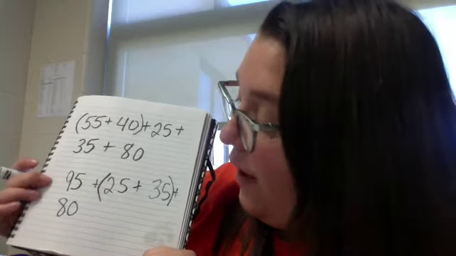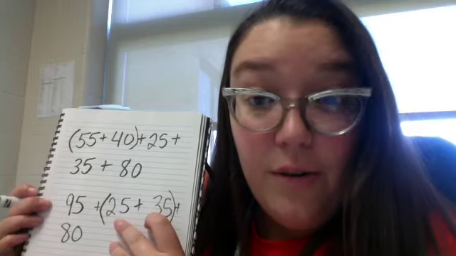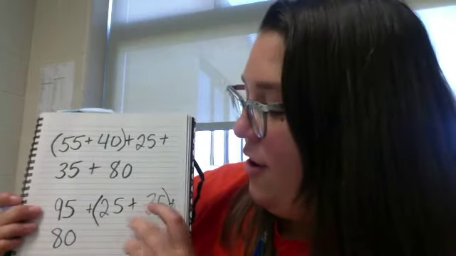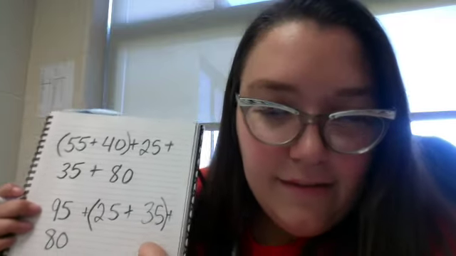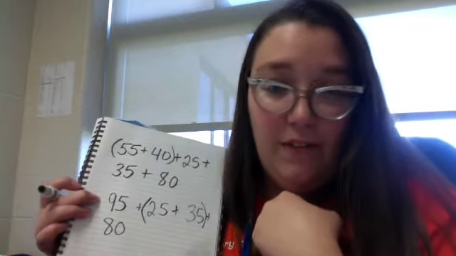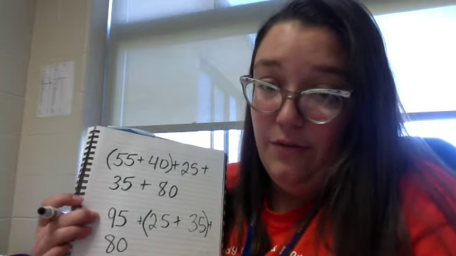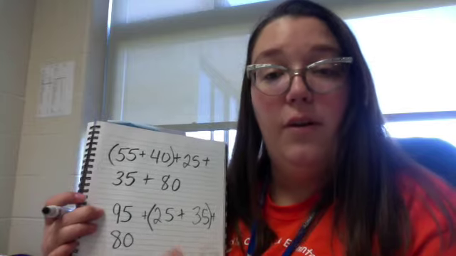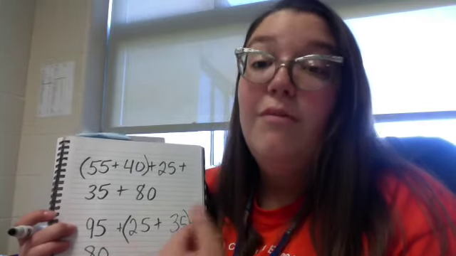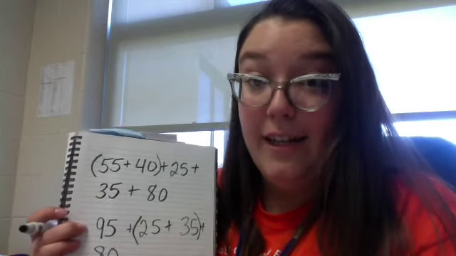If I did 95 plus 25, if you wanted to do that, maybe that's the easier one for you, you could do that. It would still work. If you wanted to do 35 plus 80, that would be okay too. So I'm just choosing to do 25 plus 35 because personally I think that's easier to do first, but it might be different for you. But it does not matter because altogether, no matter what, we get the same answer. As long as I do my adding correctly, right?